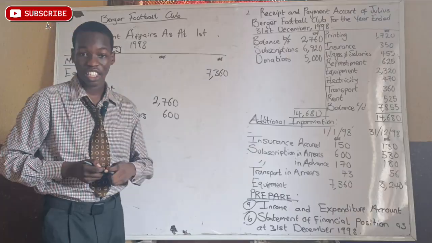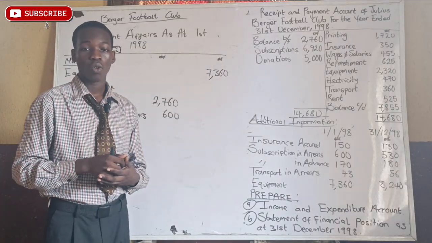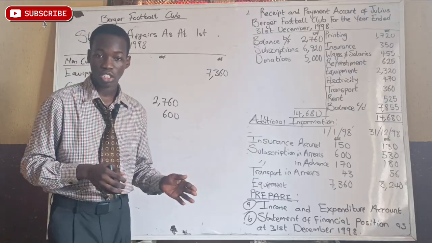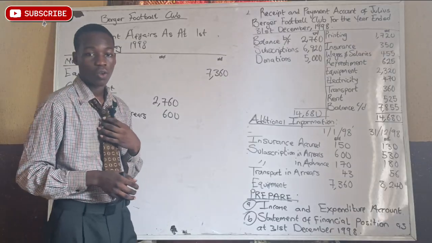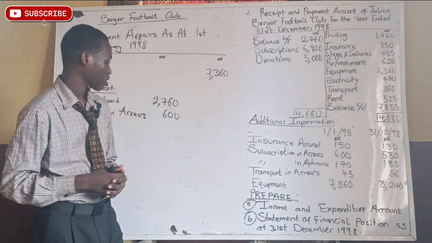Subscription in arrears is the amount due for members to pay but yet to be paid. This amount is a liability to them while it's an asset to us because they can pay it at any time. So we record it as an asset.